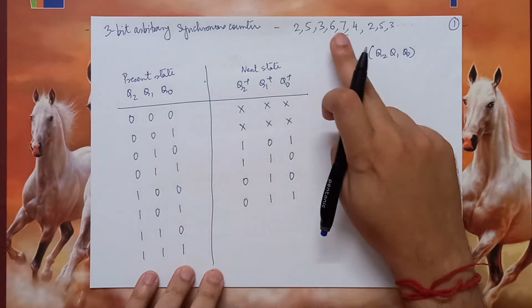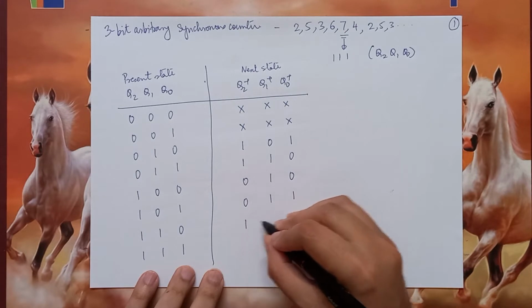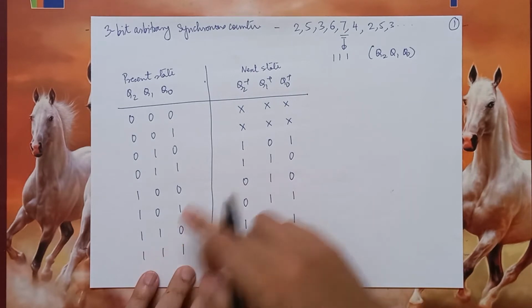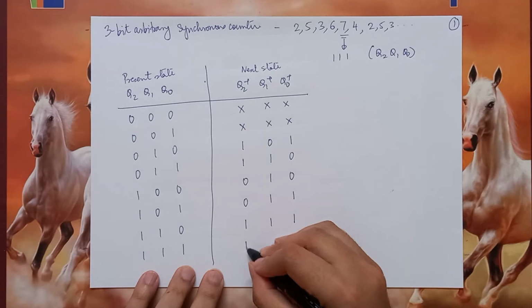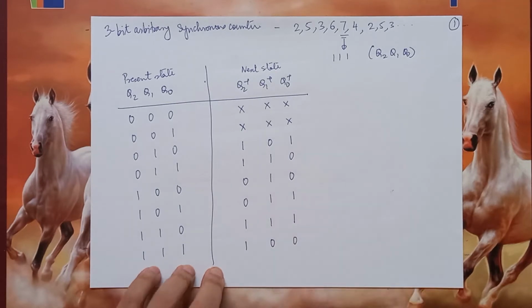When the present state is 6, the next state has to be 7. And for 7, the next state has to be 4. So this is what the state table would look like.